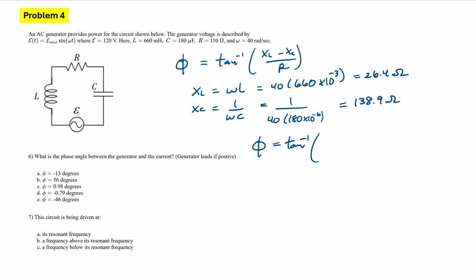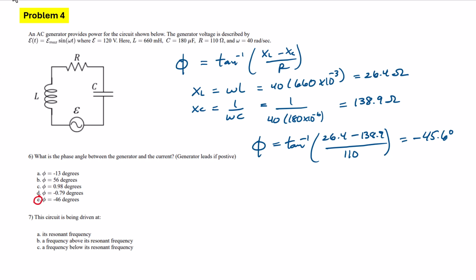Substitute the numbers here, 26.4 minus 138.9, all of this divided by the value of the resistance, which is 110. I put those numbers on my calculator and I got 45.6 degrees. Now they're asking us, this clearly looks like choice E right here.